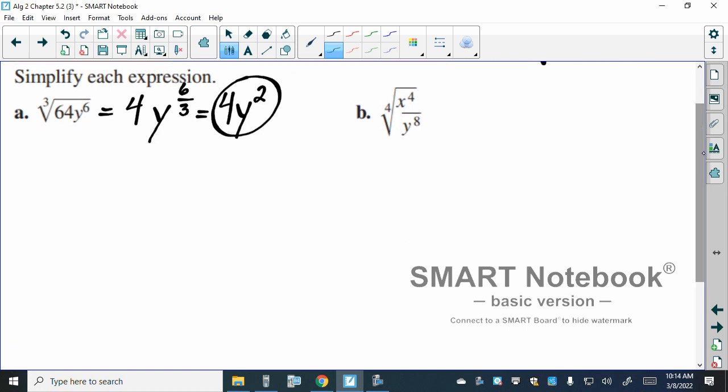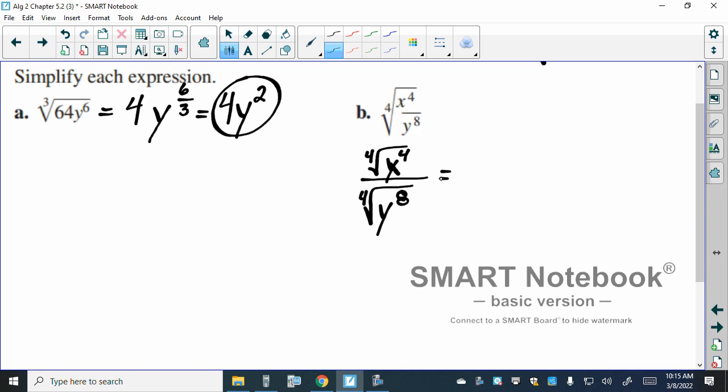Now with B, there are different things we can do with it, and some of it is combining a few steps together. What we can really think of this as is the fourth root of x to the fourth over the fourth root of y to the 8th.